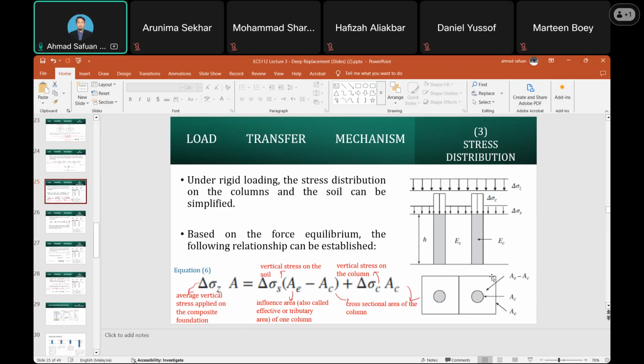To get only the soil, we need to minus it with the cross-sectional area of the columns, AC. Then plus delta sigma C times AC. So that is for the average vertical stress for the composite foundations.